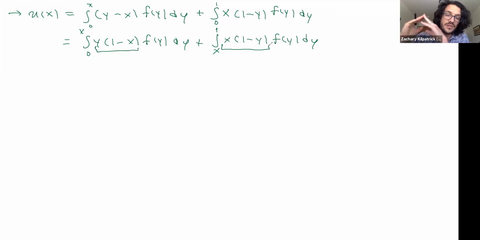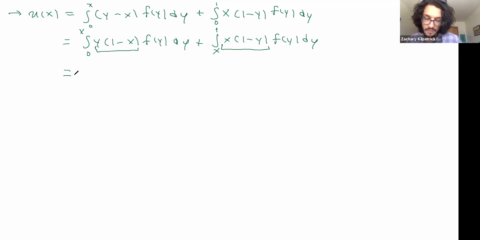Because when I differentiate twice, even though it's continuous, I'm going to have a jump discontinuity, and then a delta function when I differentiate it twice. And hearkening back to the fundamental solution for the heat equation and the fundamental solution we did for Poisson's equation, I should expect that when I differentiate this twice, I get a delta function. So I pull out the inhomogeneity in that case, okay?